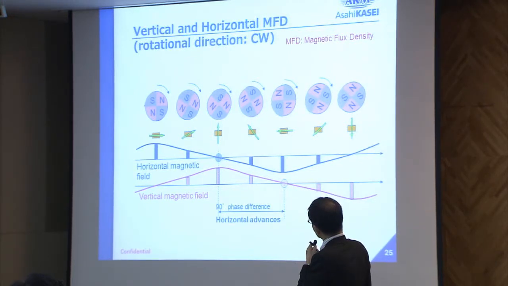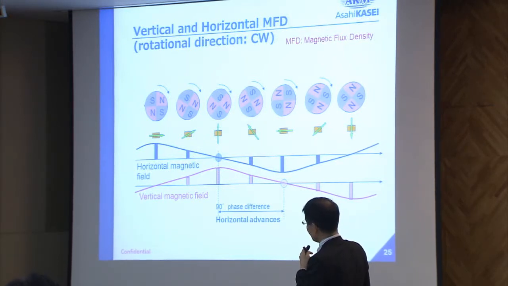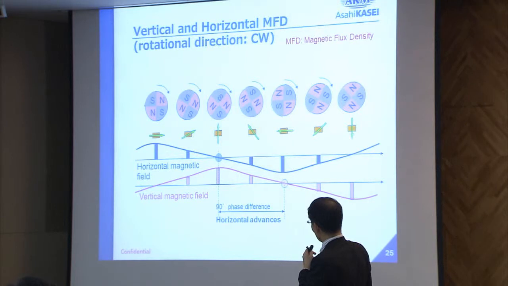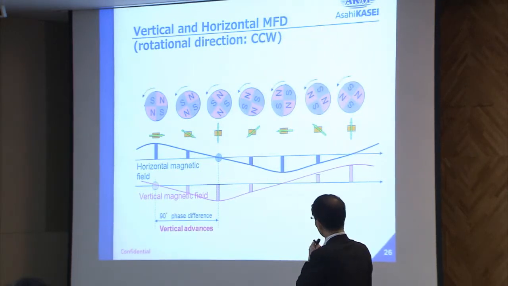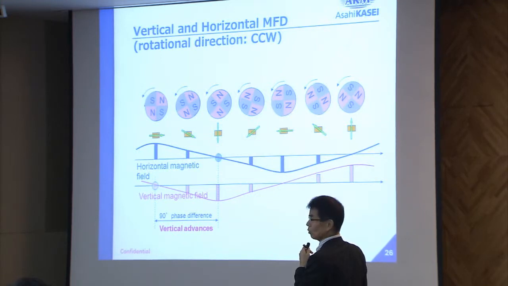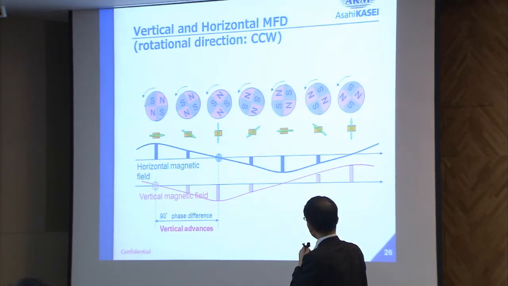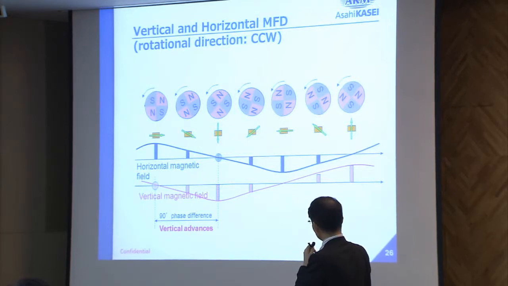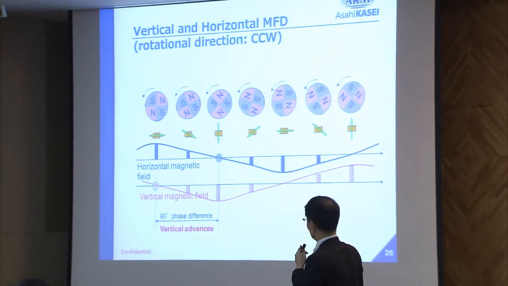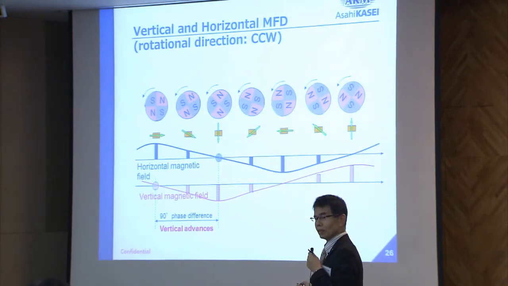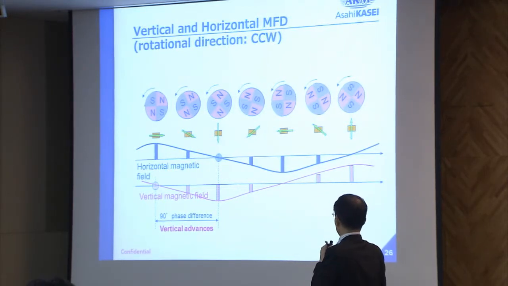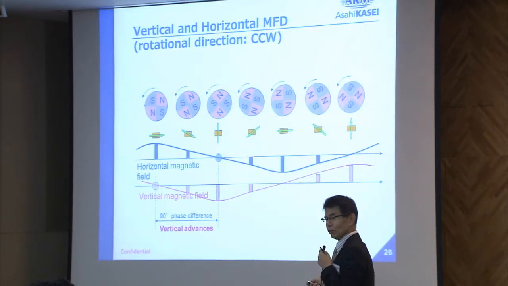So the vertical waveform is always in advance of the horizontal waveform by a 90-degree phase. Here, in the opposite rotational direction, the horizontal waveform is always in advance of the vertical waveform. So if we see which waveform is in advance, we can obtain the direction of the rotation.